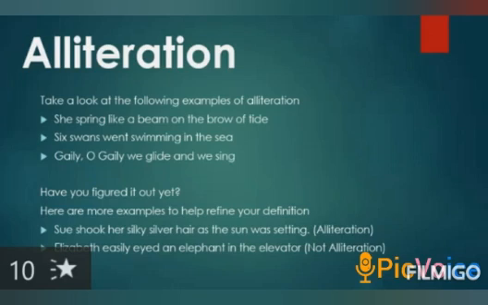As we have seen in these examples, the consonant sound is repeating. Alliteration is the repetition of consonant sounds at the beginning of words.